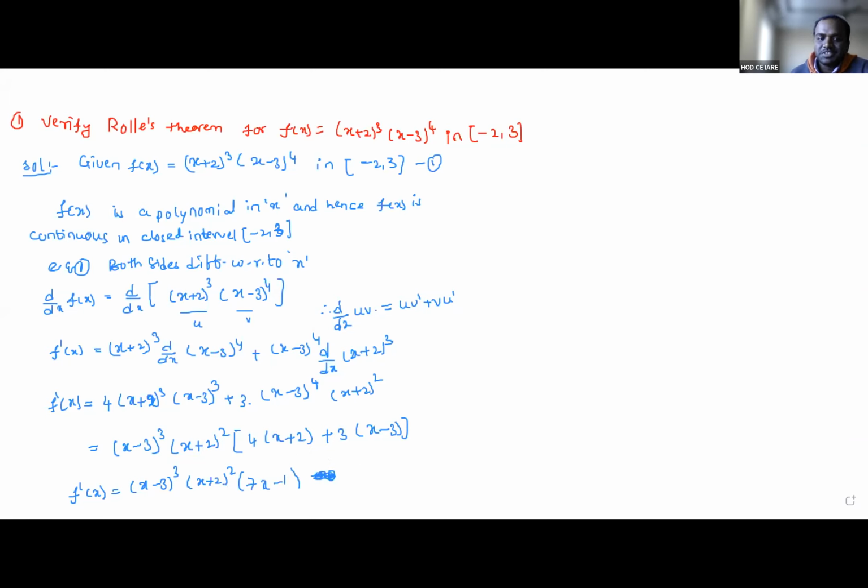Okay, so these are differentiable, thus f dash of x exists.